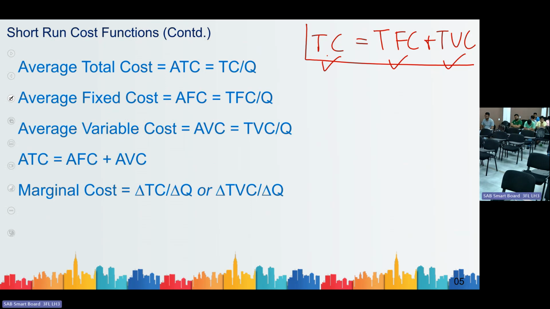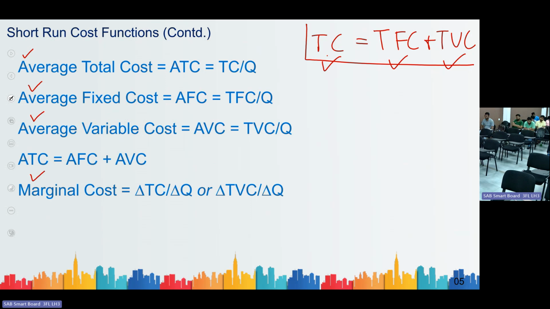From these three main cost concepts, we derive some other cost concepts. They are average total cost, average fixed cost, average variable cost, and marginal cost.